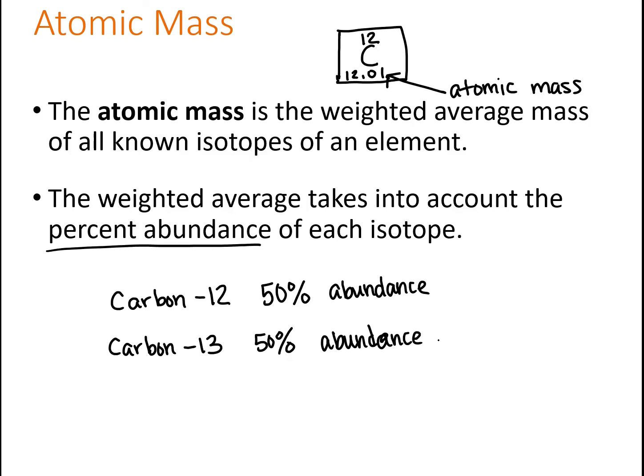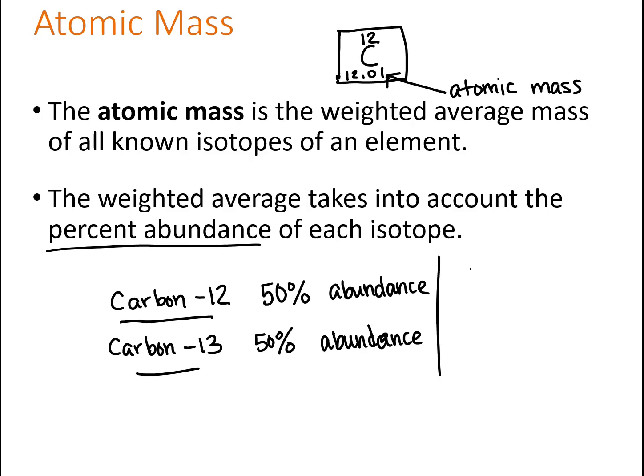That means that half of the carbon in the world would be carbon 12, and the other half would be carbon 13. And when you calculate it, which I'll show you how to calculate the weighted average, you'll see that the average mass is going to be somewhere in between the mass of carbon 12 and carbon 13.